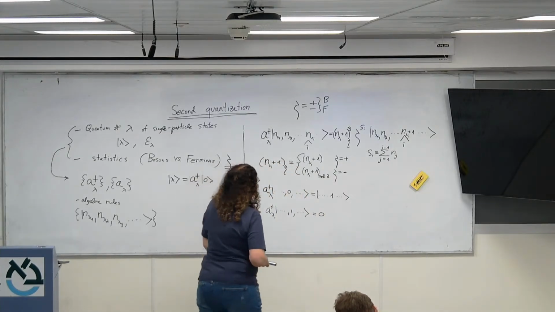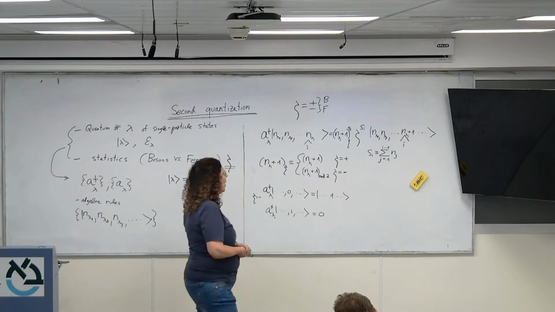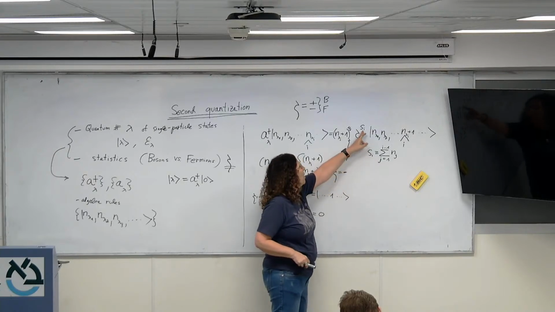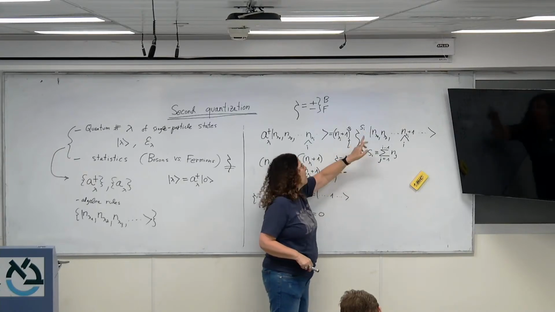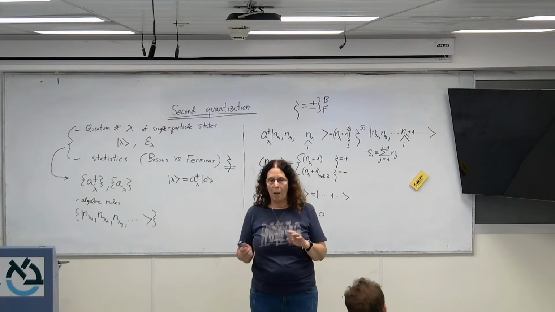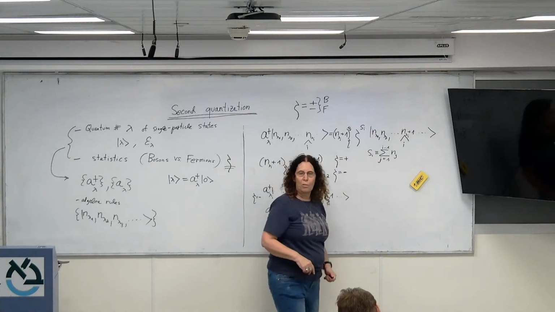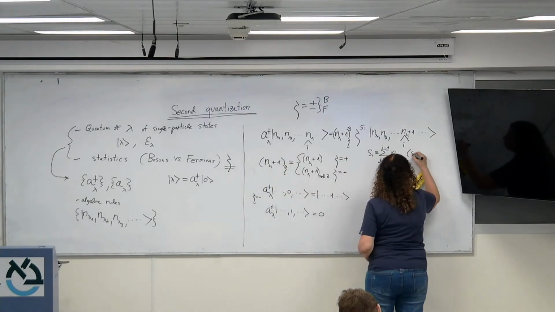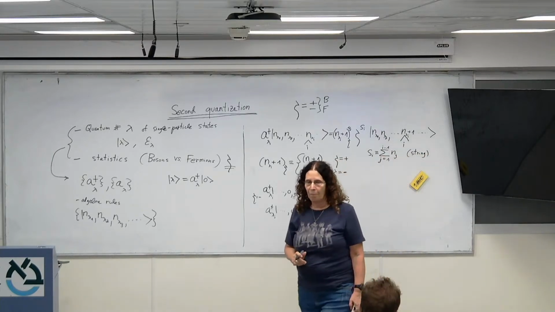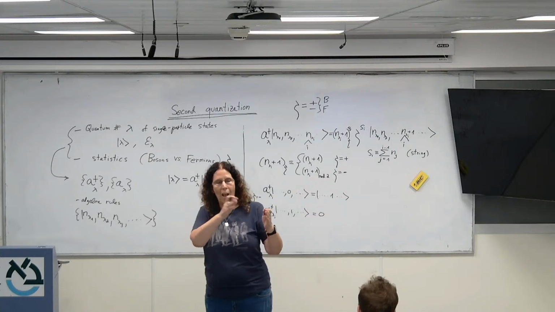In the case of bosons, it's always plus because zeta is just plus 1. But in the case of fermions, it's minus 1 to the power S_i, and depending on whether S_i is odd or even, you get either plus or minus. Now what is S_i? It's called a string, because it gives us information about all the occupations of all the states up to i.